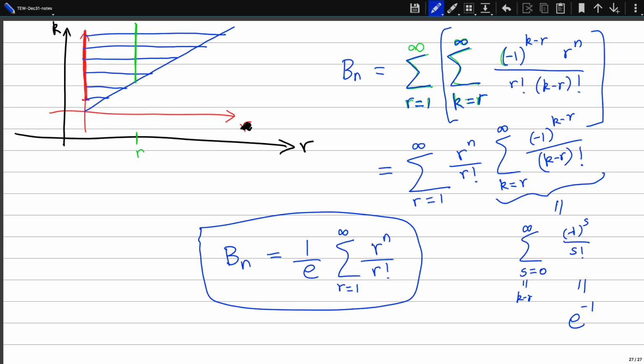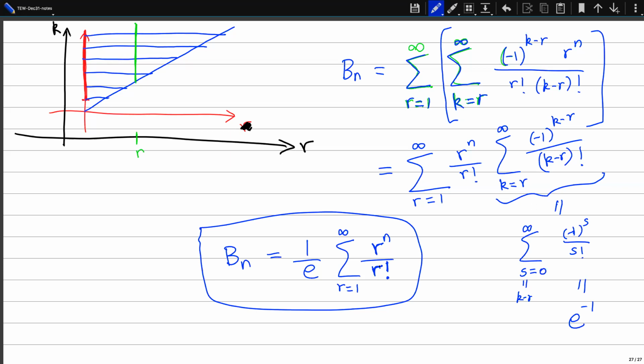But here, r is part of both. It's some strange series which converges to some number. Then you divide that answer by e, and what you get is actually the integer B_n.